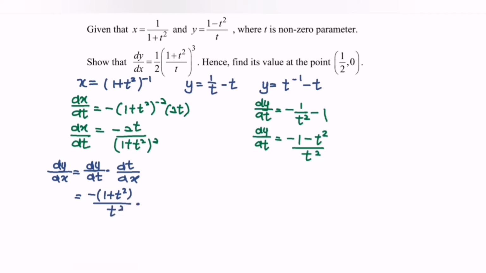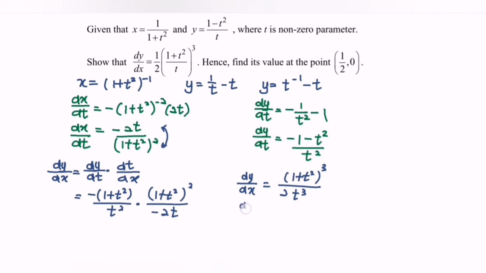In this case, we need to flip dx/dt, so we will have (1 plus t squared) squared over negative 2t. So finally, dy/dx will be equal to (1 plus t squared) to the power of 3 over 2t cubed.